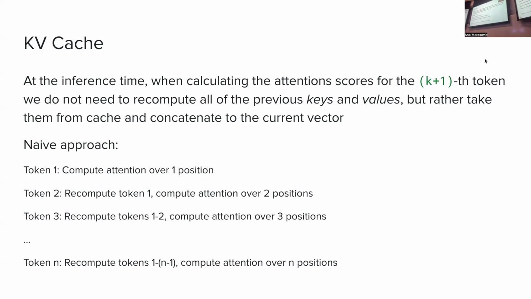So now you might start to make connections. We are talking about efficiency. That seems wasteful, right? If I have already computed keys and values for the first 3 positions, and I'm at the 4th position, I can reuse them instead of recomputing. That's a very simple idea and a very simple trick to get some efficiency improvements. We are going to keep a cache of keys and values.